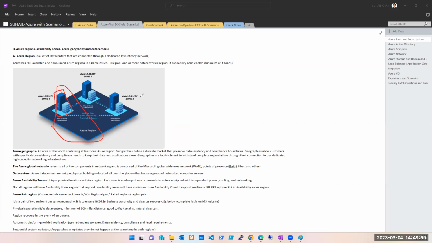Okay, now Azure region with availability zone. Now, do we have to discuss Azure region with availability set? Can we have a data center without availability set?